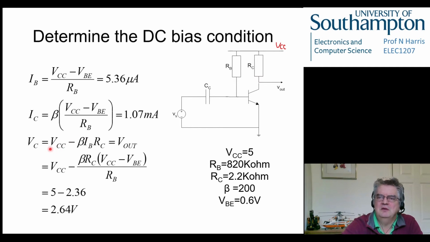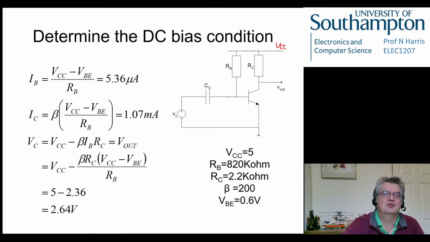So VC equals VCC, the supply voltage at one end, take away RC times whatever the current is going through it, which is 1.07 milliamps, and RC is 2.2k, so you can work that through, comes out to 2.36 volts, so 5 minus 2.36 volts gives us 2.64 volts.